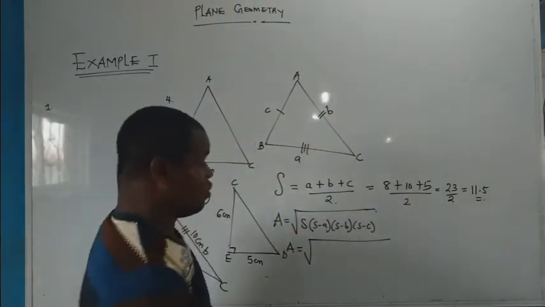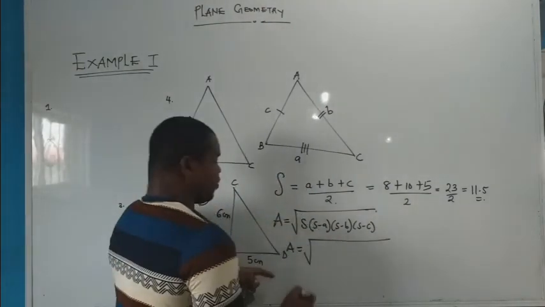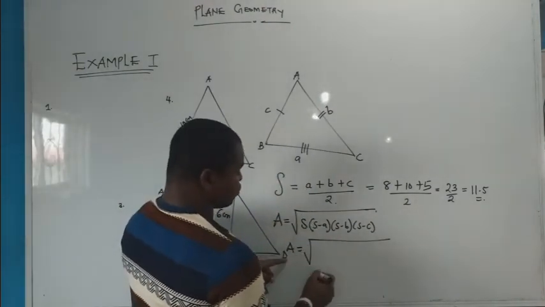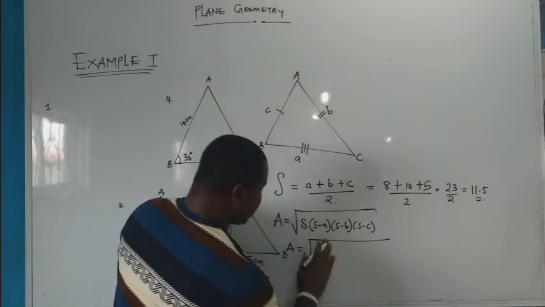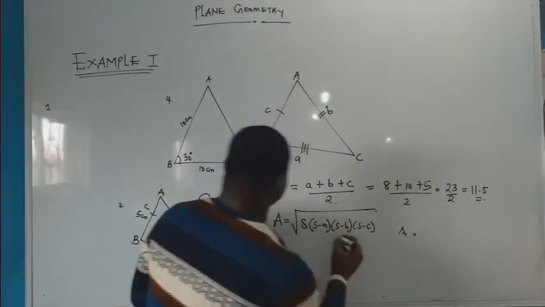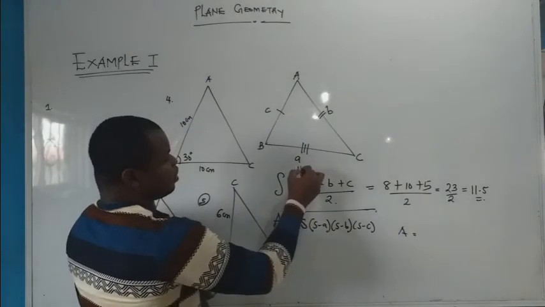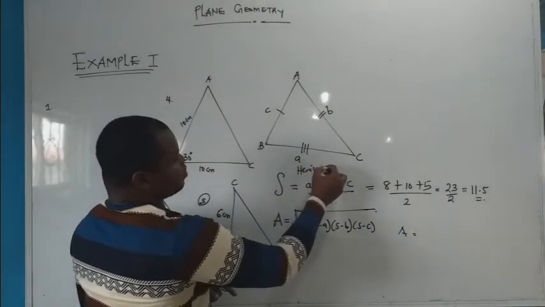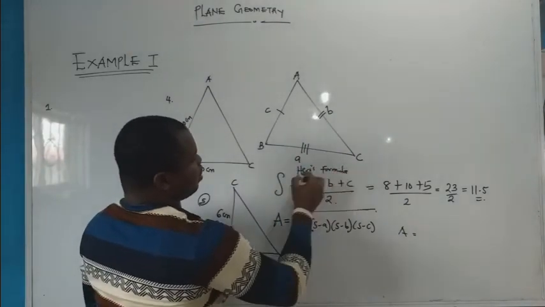So let's find the area now. I'm going to follow this formula here. Remember the formula is called Heron's formula.